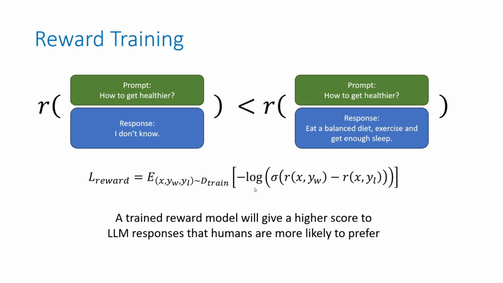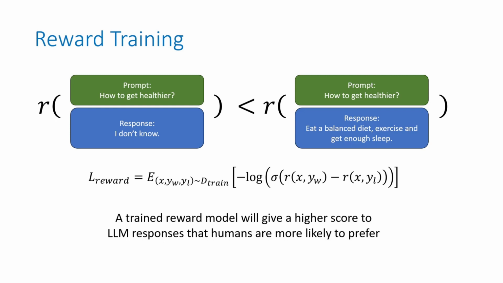So the gradient will be very small and the model weights will not change much because the order was correct. On the other hand, with similar analysis, you can see that if the order is incorrect, the loss will be large and the model weights receive a large gradient to correct the order. In short, this loss will train a reward model that mimics the human preferences.